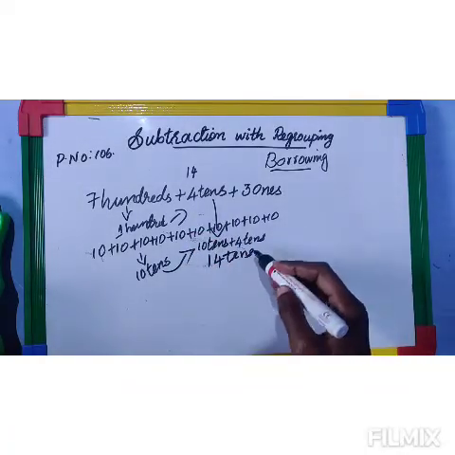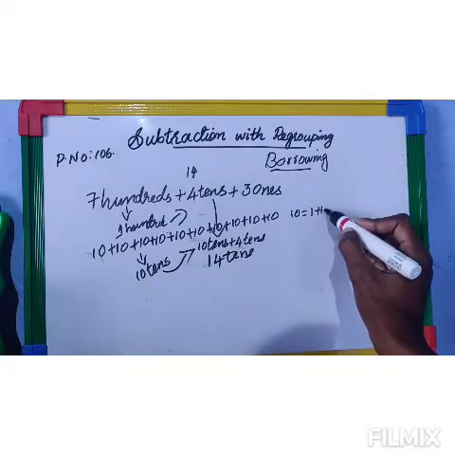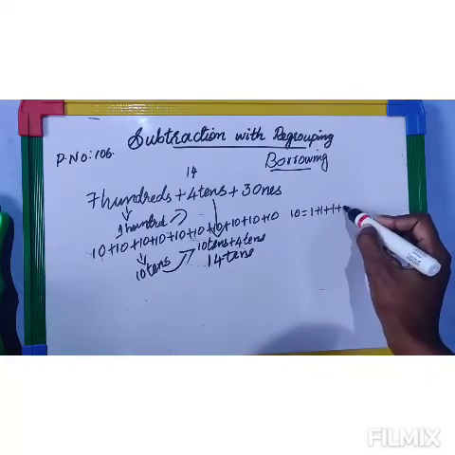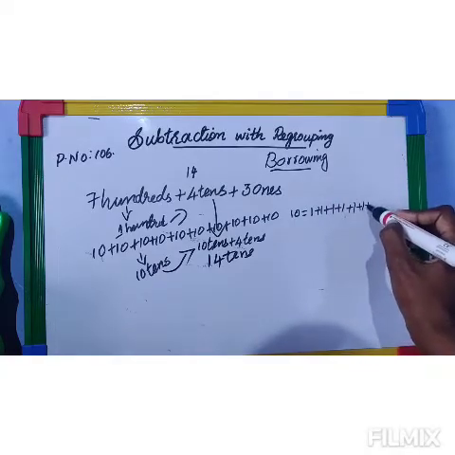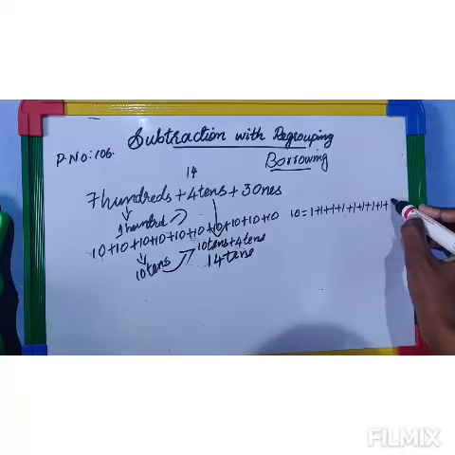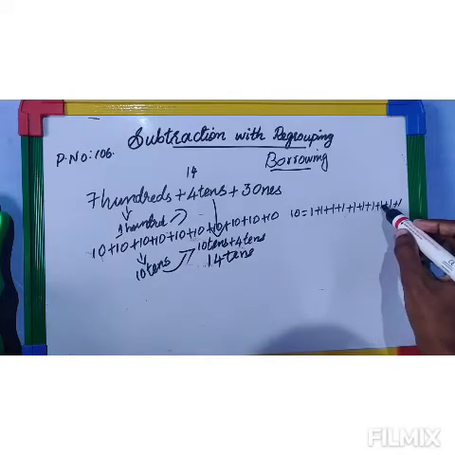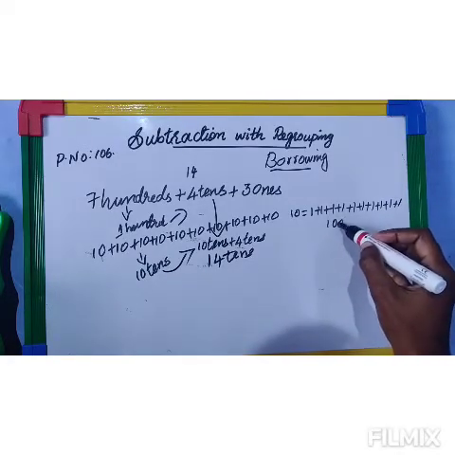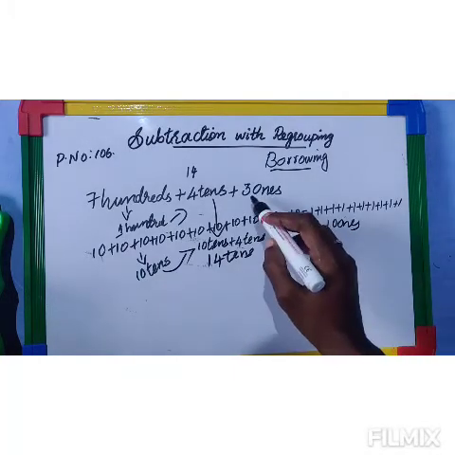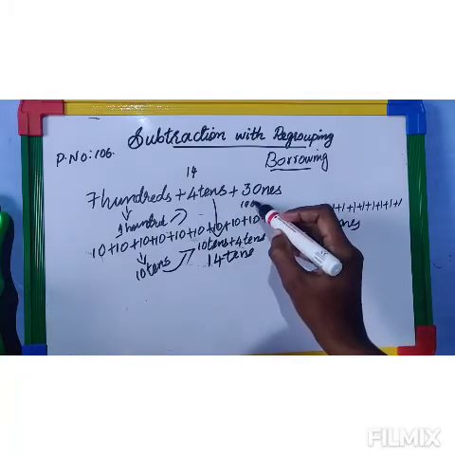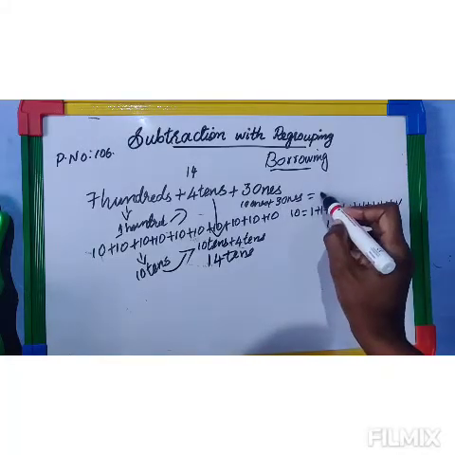In 10, how many ones are there? 1, 2, 3, 4, 5, 6, 7, 8, 9, 10. So 10 ones. Okay, 1 ten equals 10 ones. So 10 ones, if you carry here, plus the 3 ones already here, it will be 13 ones.